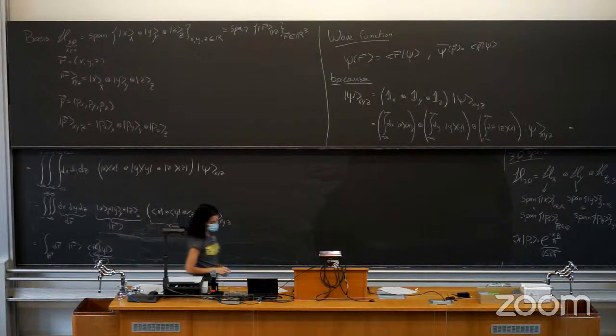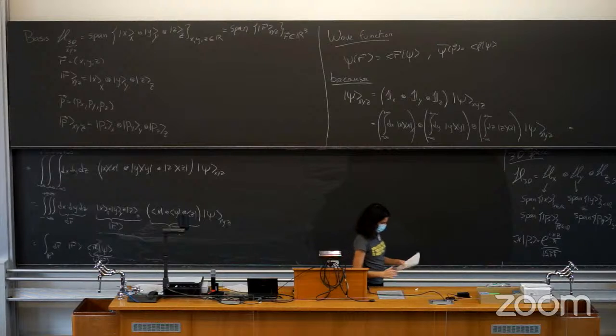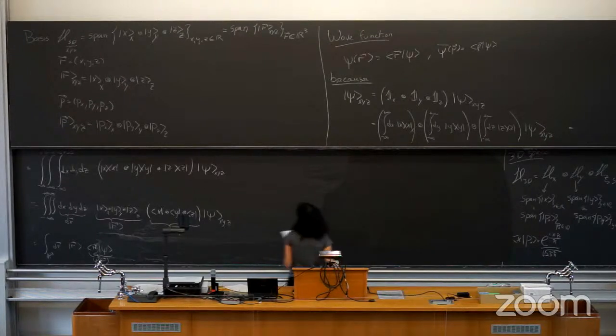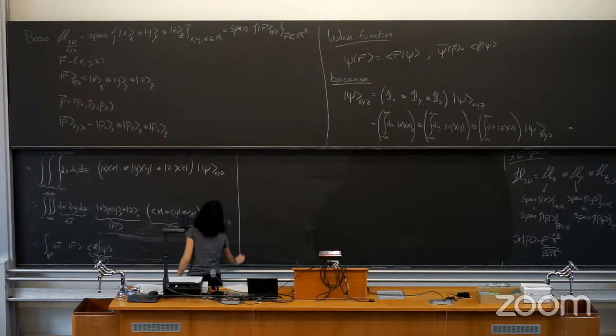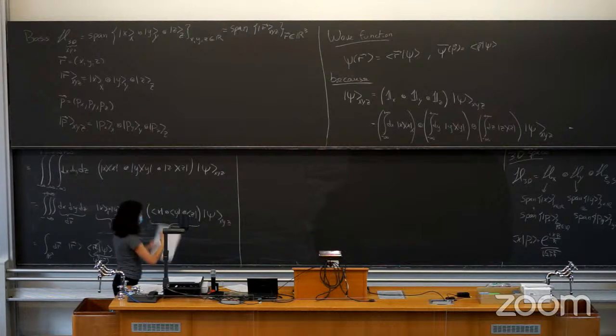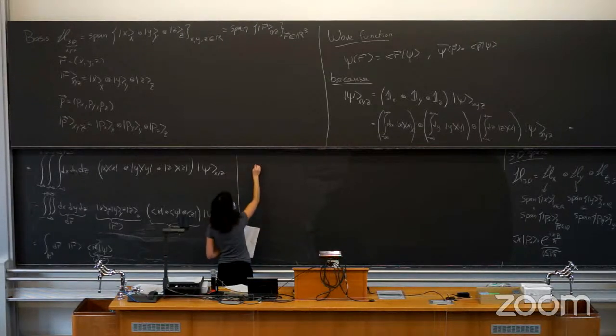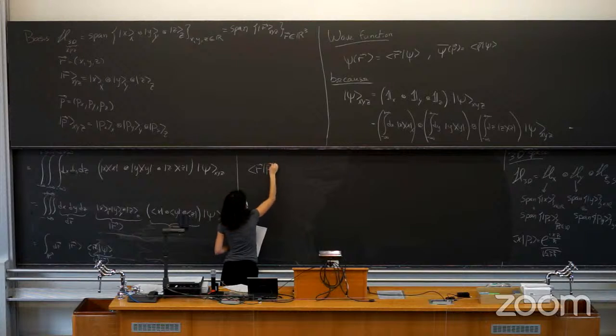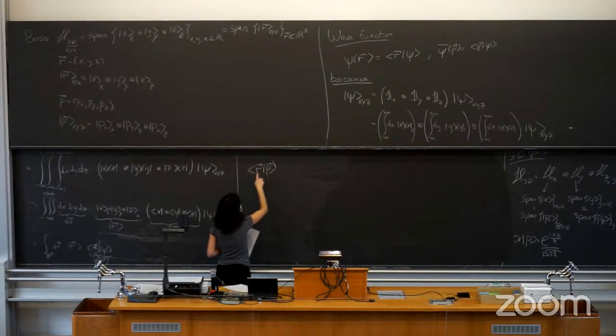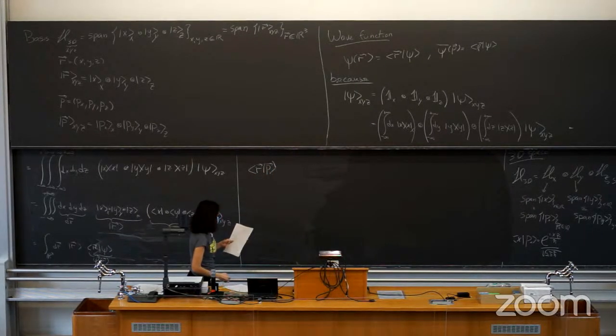Okay. Where was I? So now I have this 3D space, and I want to know what's the inner product between an R vector, so position vector, and the momentum vector, but now in 3D.